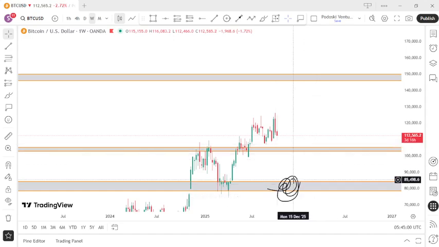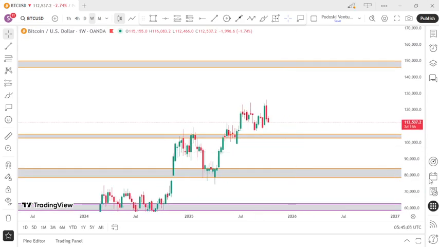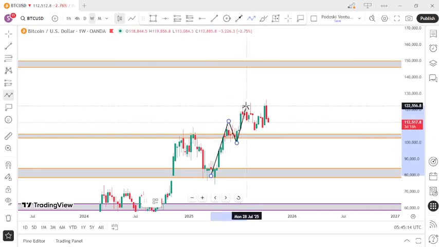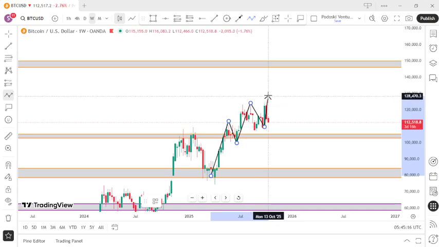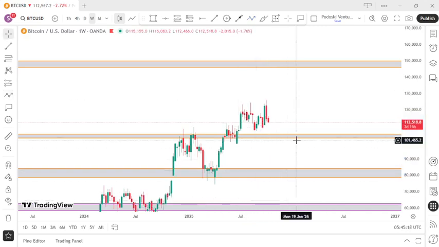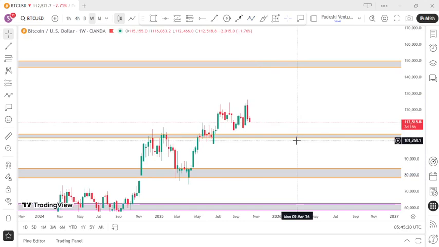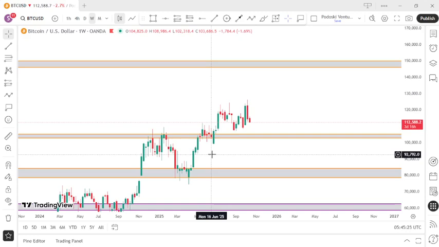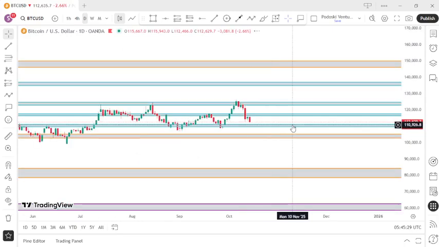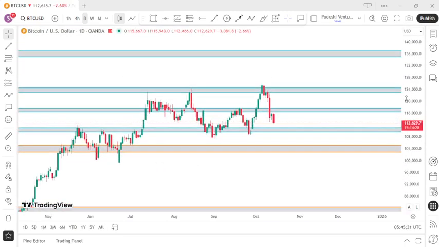So from the weekly time frame, you could see that price is moving to the upside, creating a series of higher highs and higher lows, higher high, higher low, higher high, as we saw on the monthly also. We are still expecting buy on BTCUSD. So let's go to the daily and see what the daily is also doing.